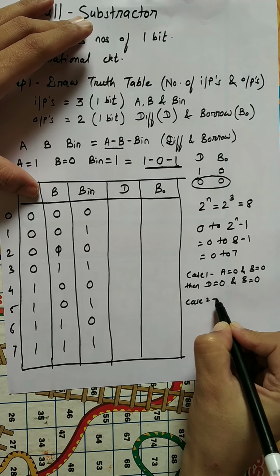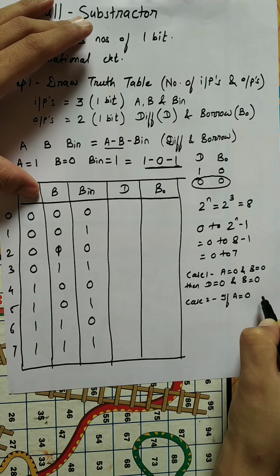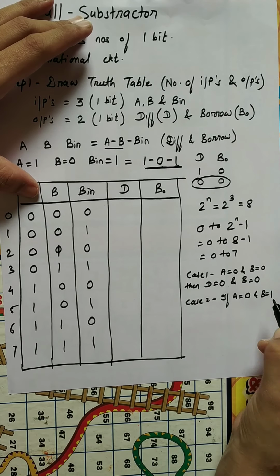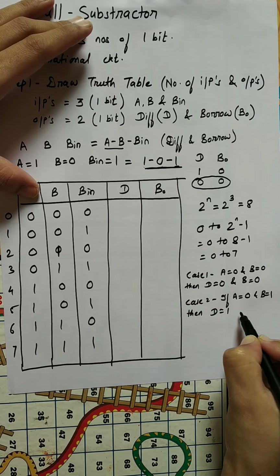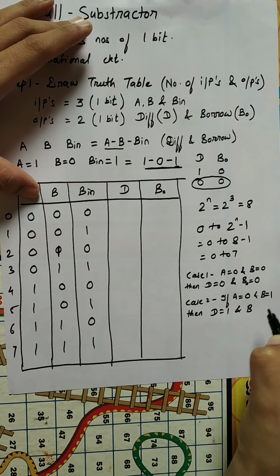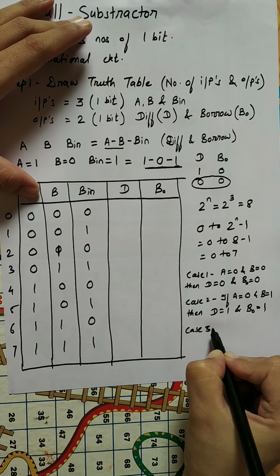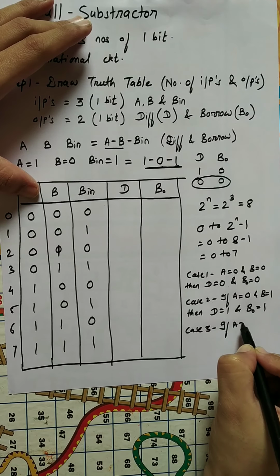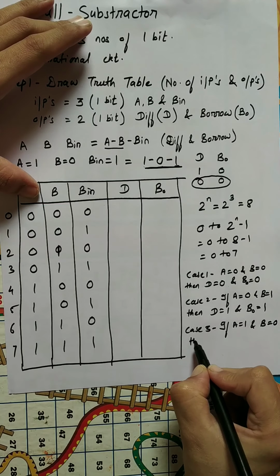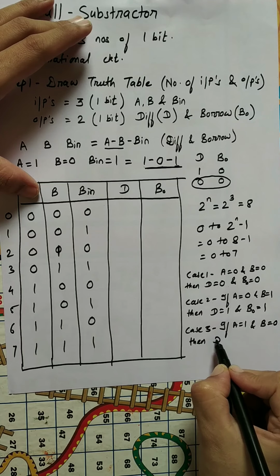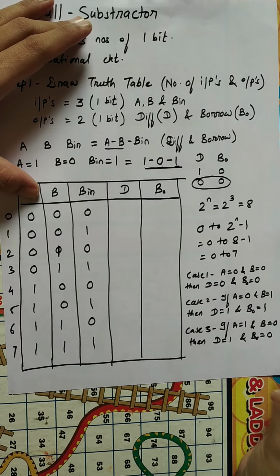Case 2: if A equal to 0 and B equal to 1, then difference will be 1 and borrow will also be 1. Case 3: if A equal to 1 and B equal to 0, then difference will be 1 and borrow will be 0.